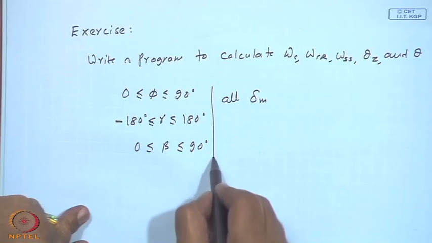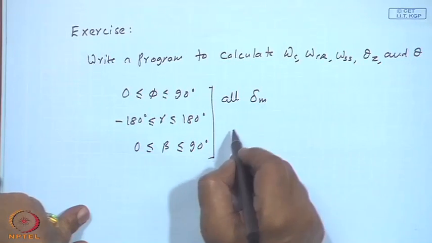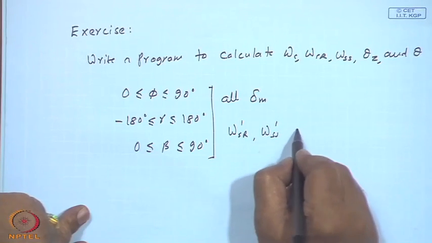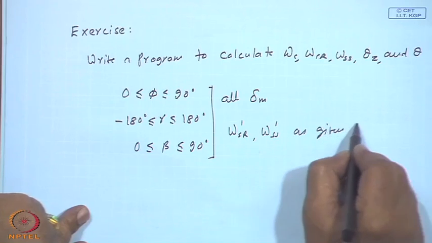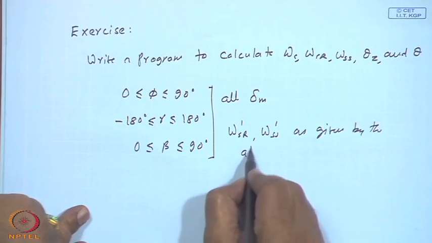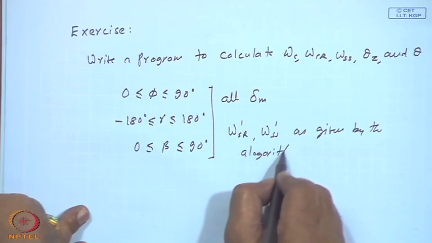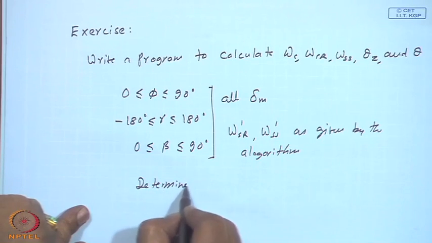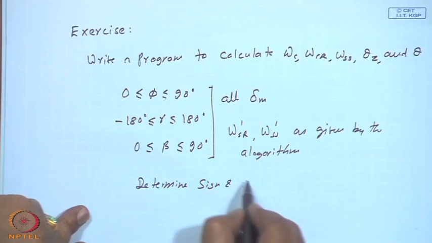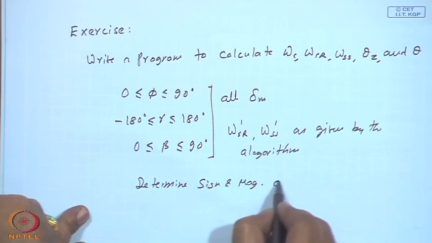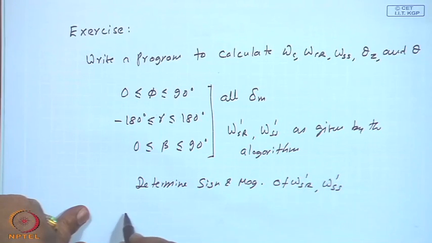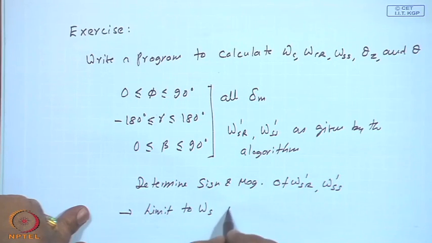So, in your computer output you can have those omega s r dashed and omega s s dashed as given by the algorithm, and then determine the sign and magnitude of omega s r dashed and omega s s dashed and limit omega s if need be.